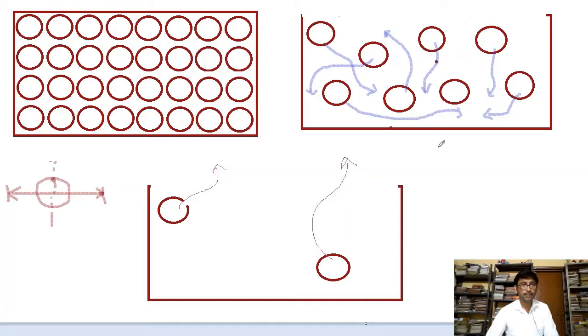In liquids, the attraction between particles, what would you expect? The attraction between particles is lesser compared to solids.